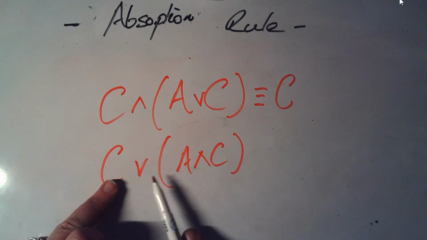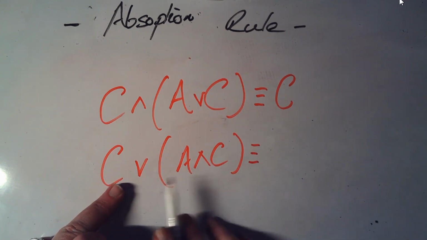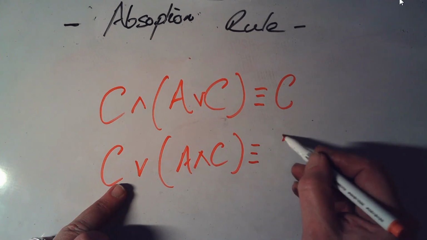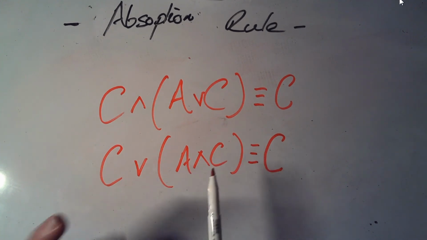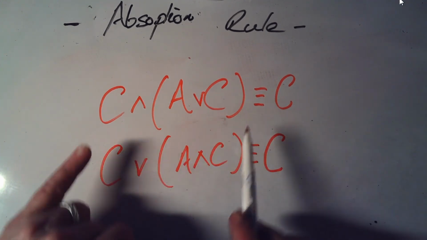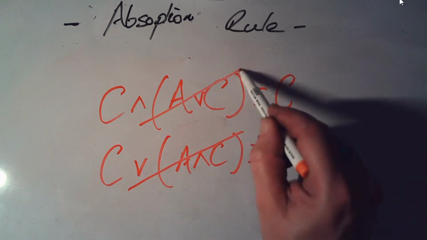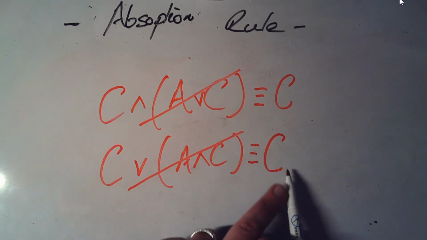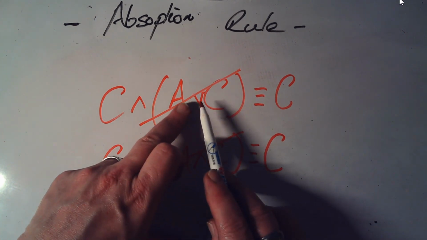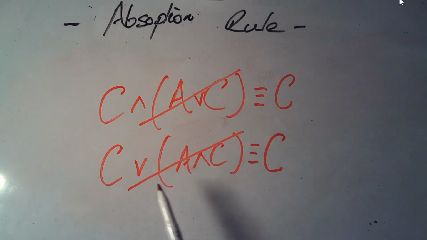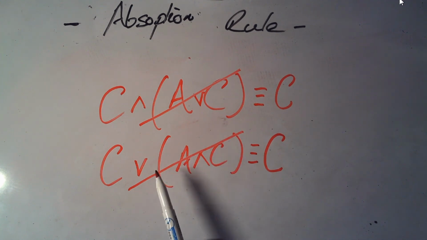We take the variable that's common to both, outside and inside the bracket, and it becomes logically equivalent to that duplicate variable, which is C. So this is the absorption rule. It's very useful to remember, because if you spot this in your Boolean expression, you can immediately cross these out and simplify radically down to the single C, and this expression disappears completely from the example you need to use Boolean algebra for. So it's very useful to know this and spot it straight away as part of your working out.